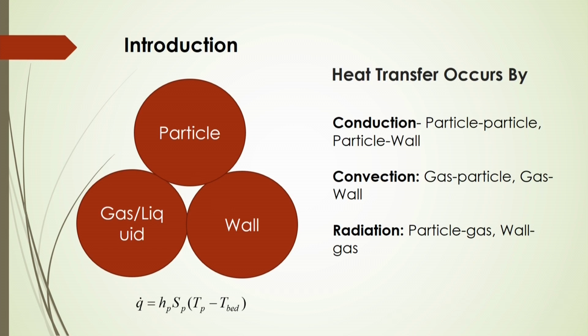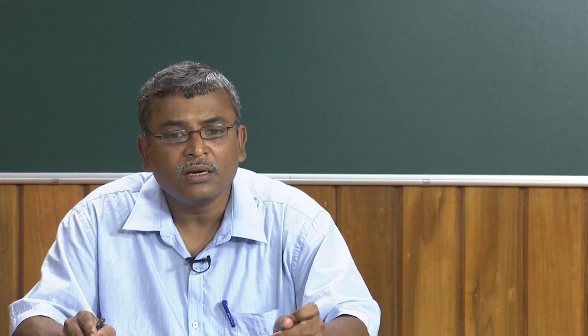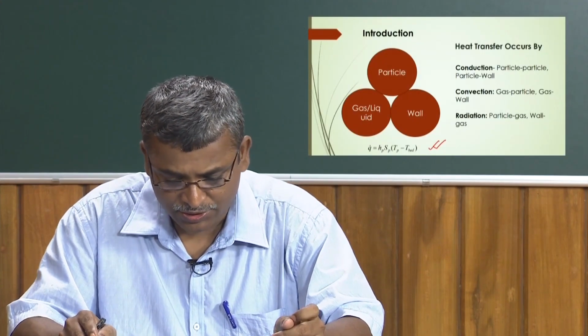Now, how much heat is transferred, what is the rate of heat transfer, can be estimated by this equation here. So, this will be denoted by q dot, means here the rate of heat transfer, and h_p is the heat transfer coefficient to the particle or from the particle to the medium, and S_p is the surface area of the particle, T_p is the temperature at the particle surface, and T_b is the bed temperature of the fluidized system.